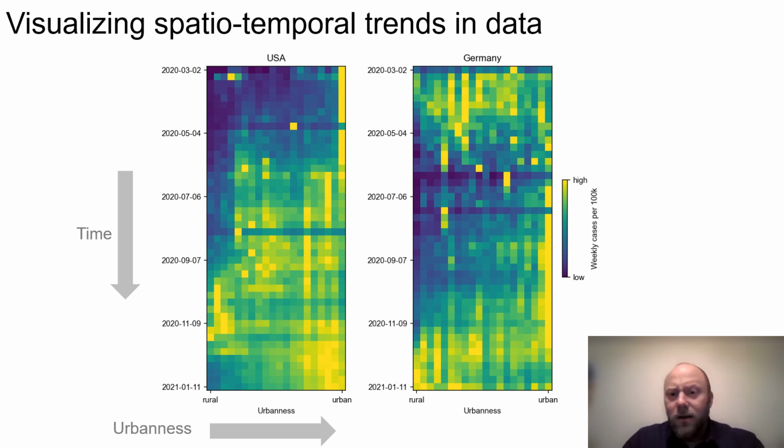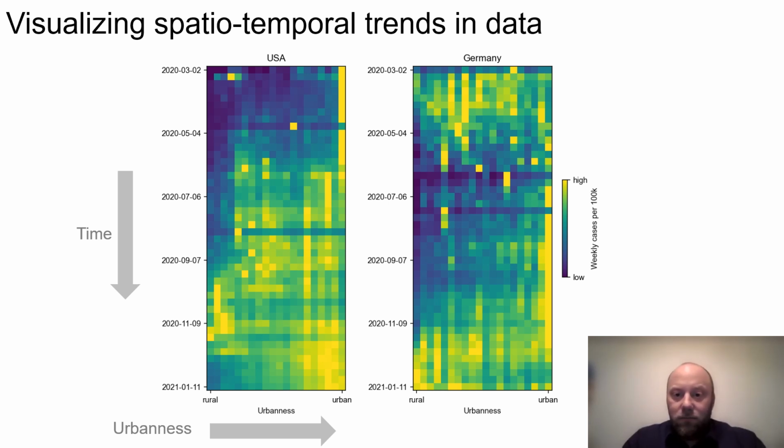Now, if you compare this to the pattern that we observe in Germany, it actually started in a mid-sized town during Carnival. I remember this quite well. And then it was spreading in rural and urban places with a very similar intensity, right?